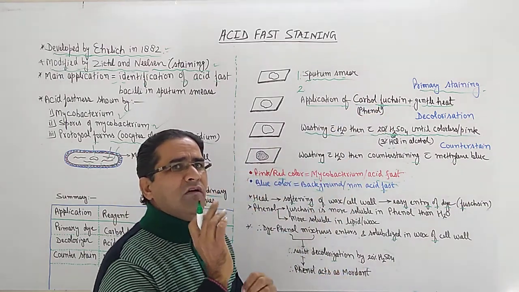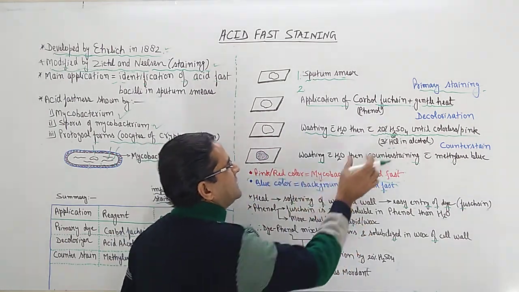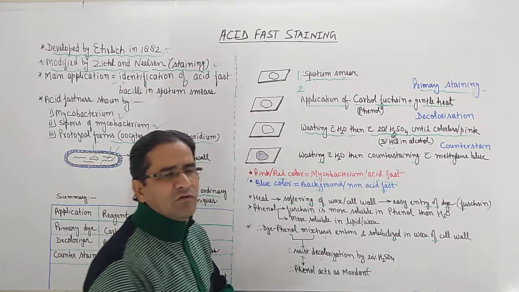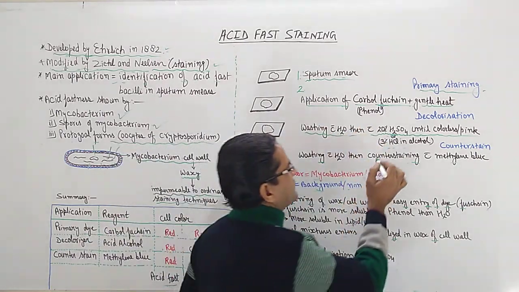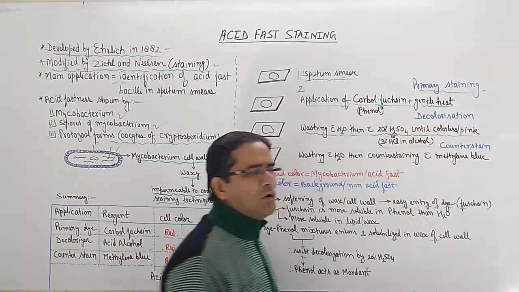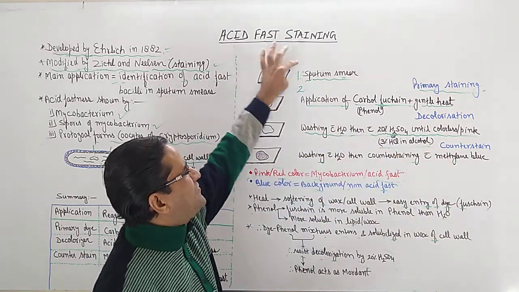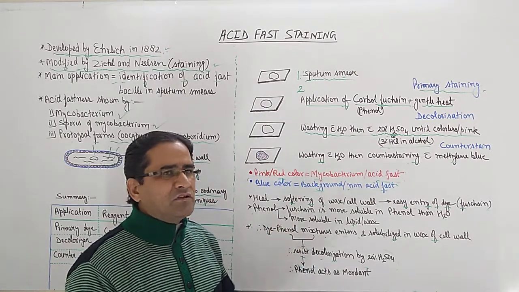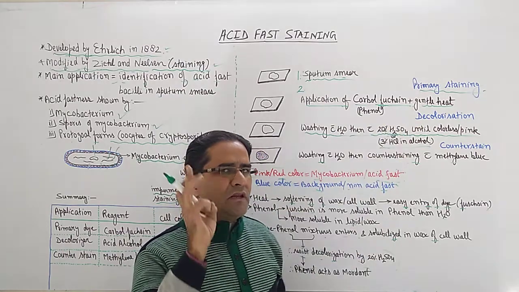In gram staining, for decolorizing we use alcohol acetone, but in this step we use 20% H2SO4, sulfuric acid. In place of 20% sulfuric acid, we can also use 3% HCl in alcohol. Therefore, this method is also termed acid-fast staining. So the second step is over, washing with water to decolorize. Now the third step.